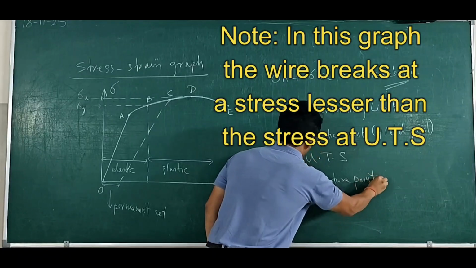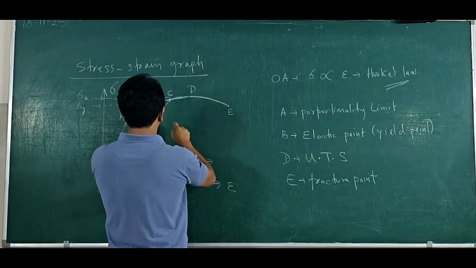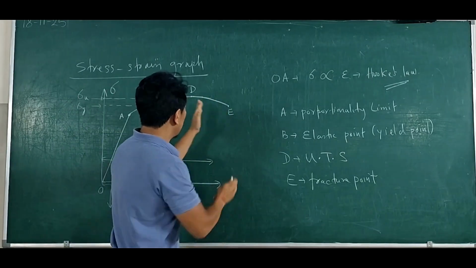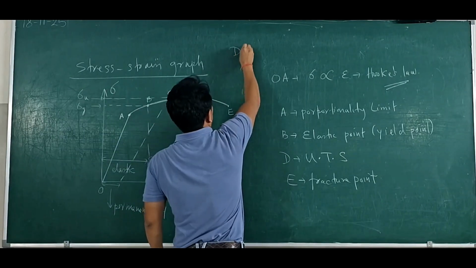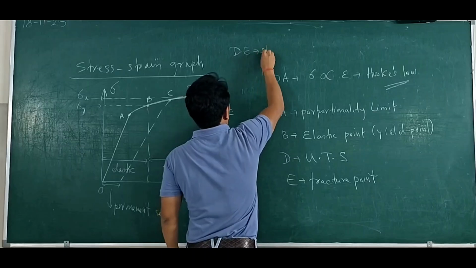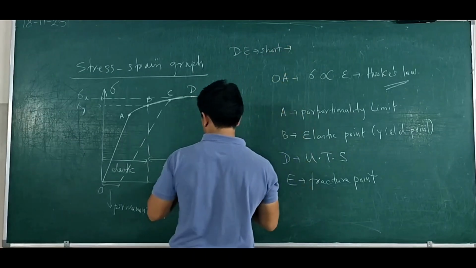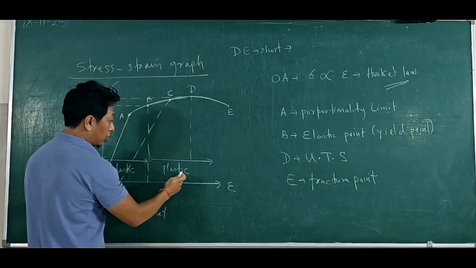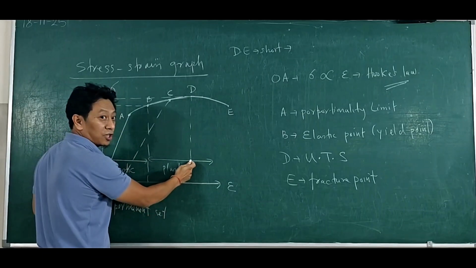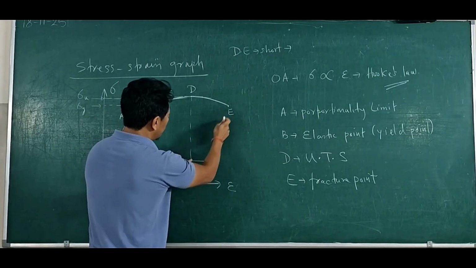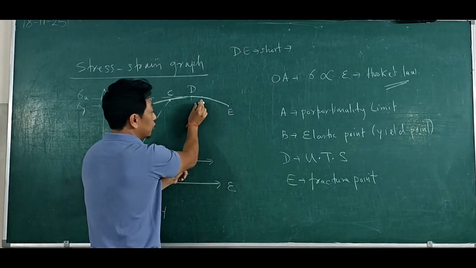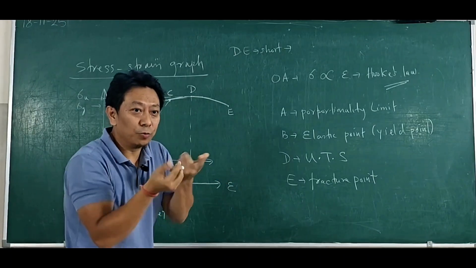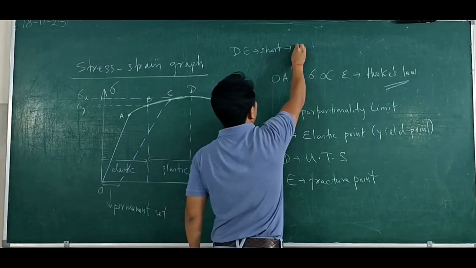Now students, if these points are very close to each other, if B, D, E are very close to each other, if D and E are very close to each other, if DE is very short, what does it mean? After you cross the maximum stress, from there to break, if this is very small, you need only small delta L to break, meaning it is very brittle.